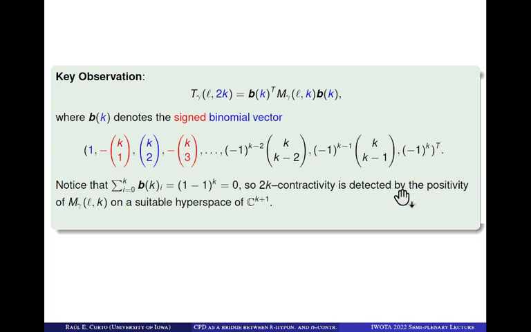So 2K contractivity is detected by the positivity of the moment matrix on a suitable hyperspace of C^(K plus 1), the hyperspace where the entries of the vectors add up to 0. And that has the ring of conditional positivity. Okay? But this in particular establishes that k-hyponormality implies 2K contractivity.